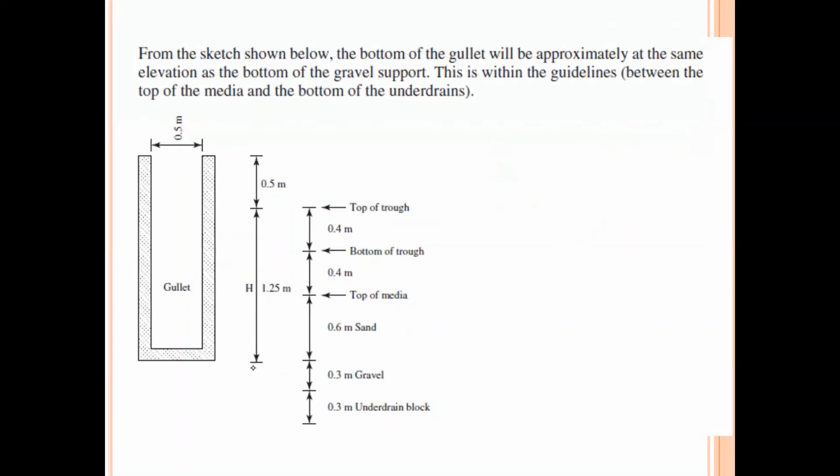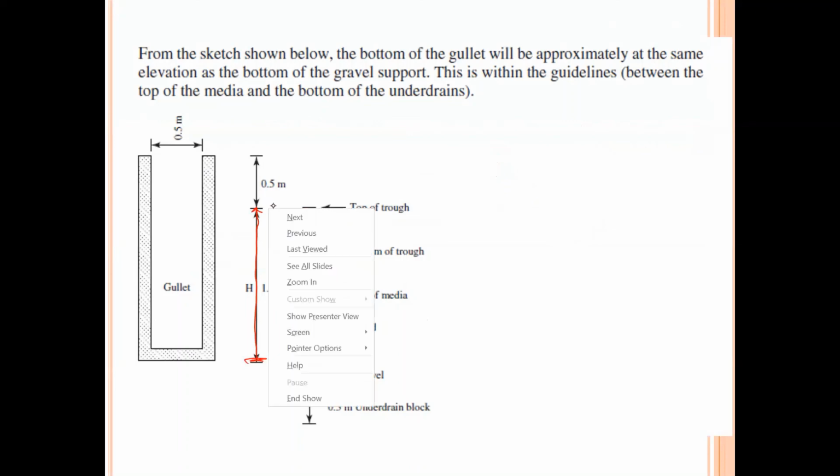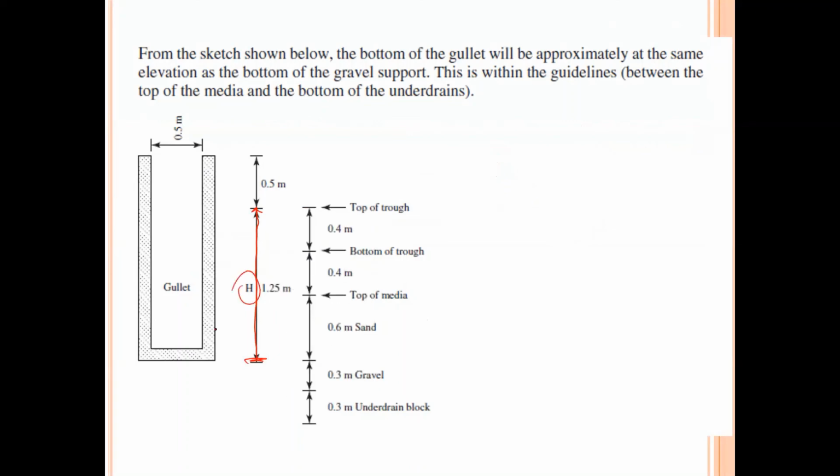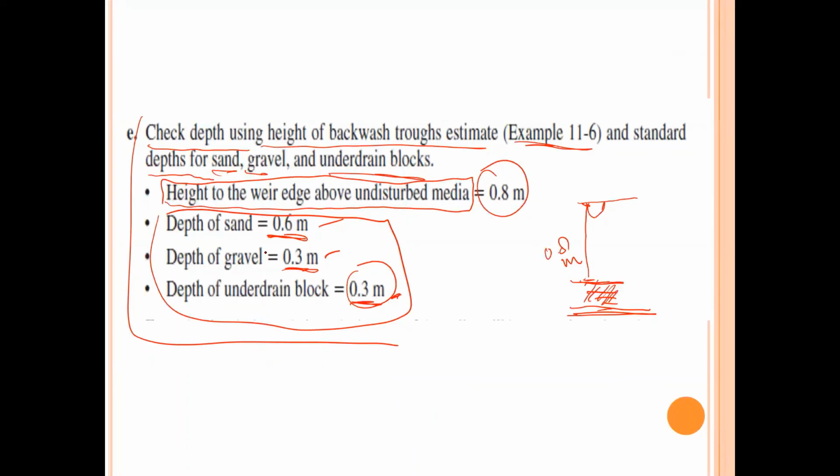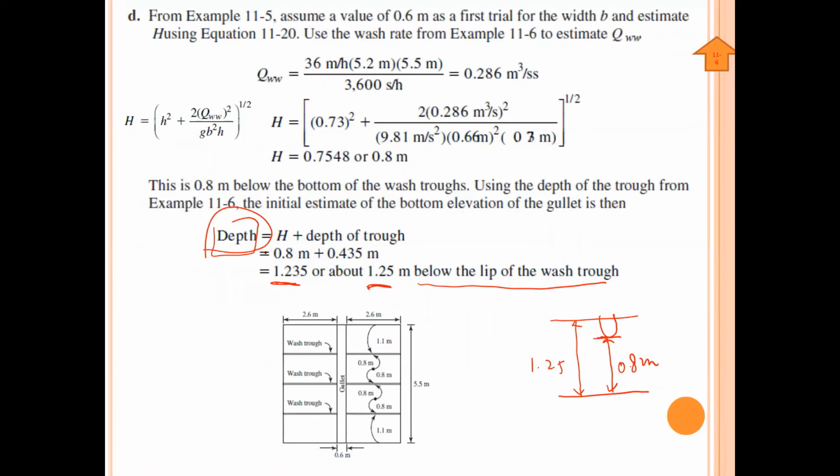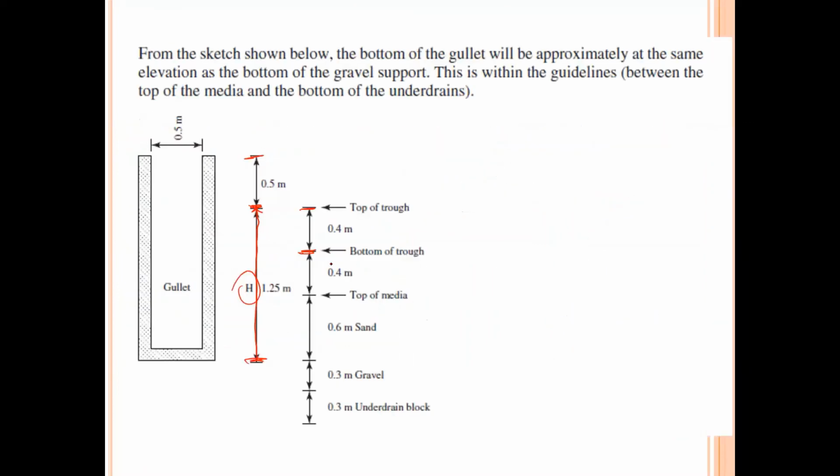So let's start. The gullet is 1.25. We calculated this edge, and we have some safety factor of 0.5. So start from this height, the top of the trough to the bottom of the trough, which is about 0.4.